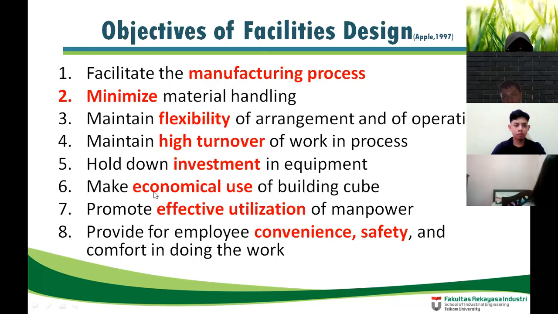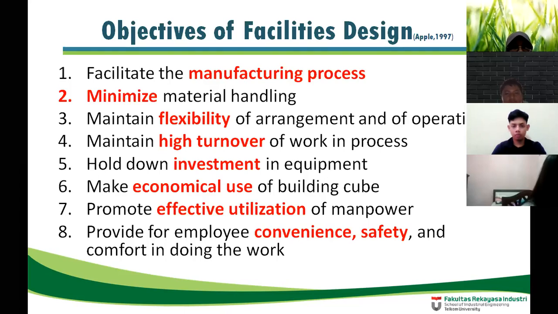Okay, make economical use of building cubes. Most of the manufacturing systems use a cubicle system, just like a square lot, because a square can be moved easily, in spite of another shape. So a building cube is easy to be moved. Okay, promote effective utilization of manpower.